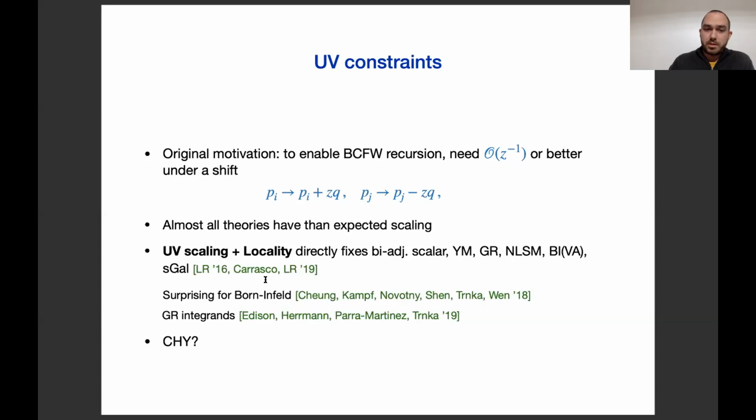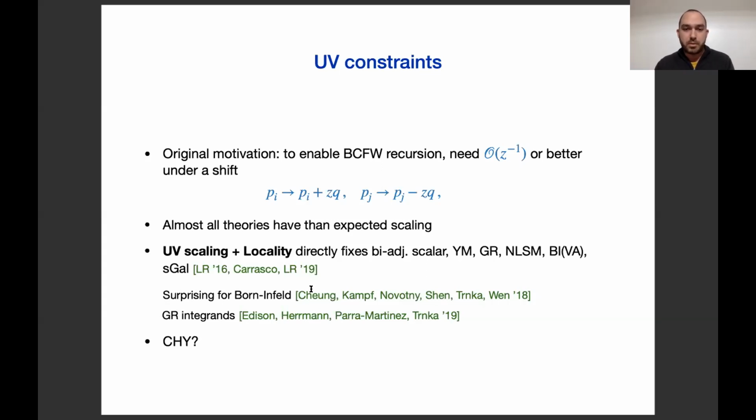And actually, this is surprising for some of these theories. You might say, well, it's not that weird, maybe for Yang-Mills, maybe it's just related to factorization or something. But if you look at Born-Infeld, Born-Infeld is not fixed by locality, unitarity, or gauge invariance all put together, because it has contact terms that are just gauge invariant. So none of these constraints can touch it.